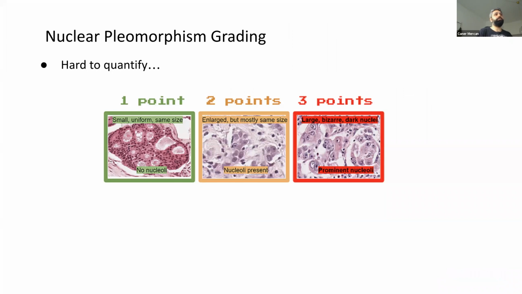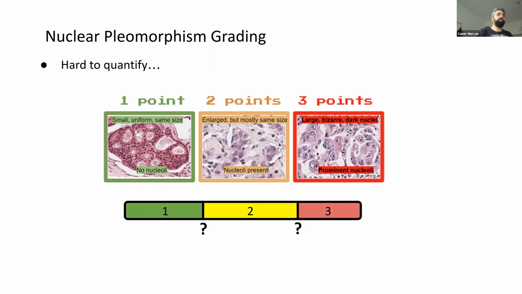It is a score of 2 for being moderately different, and a score of 3 in the presence of marked morphological changes, various other structures being more prevalent, like nucleoli in this case, in these images. But this is not really a quantitative method, right? It's more qualitative inspection. So where does exactly one score end and another one actually start? We don't really know. These question marks aren't really obvious.